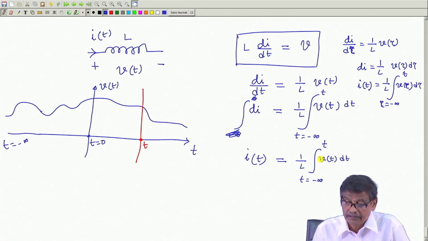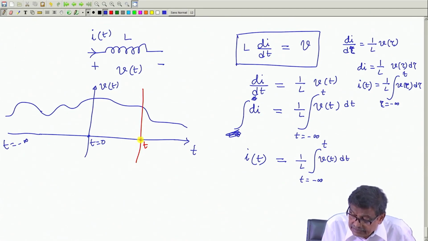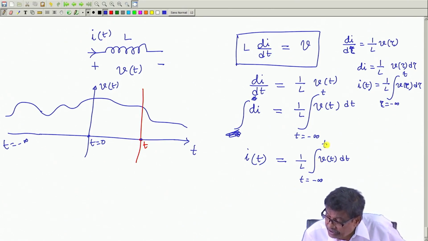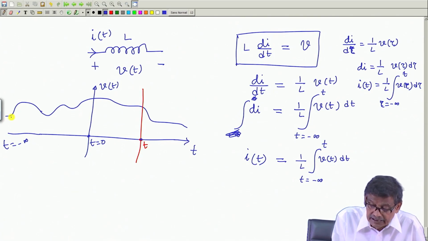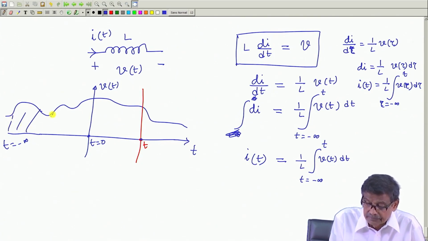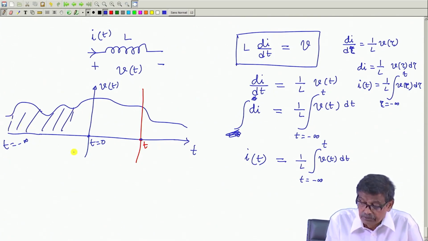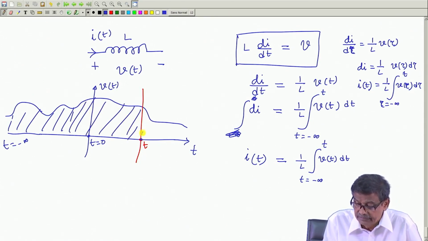The point I want to make is that the current at this time t does not depend on the current value of V(t) alone. If you want to integrate V(t) dt, it means the area under this curve.